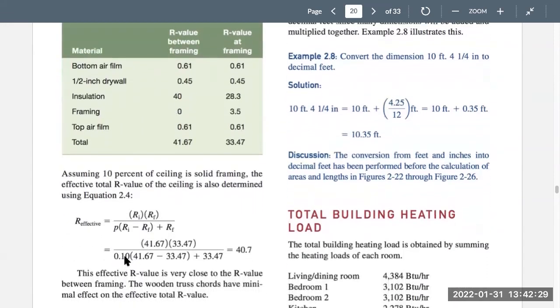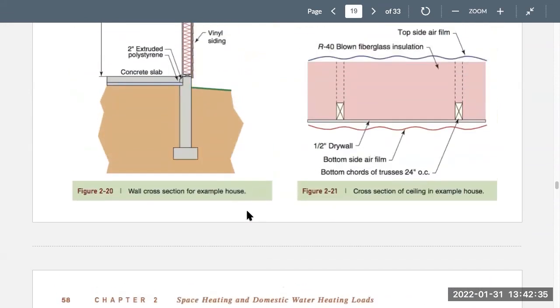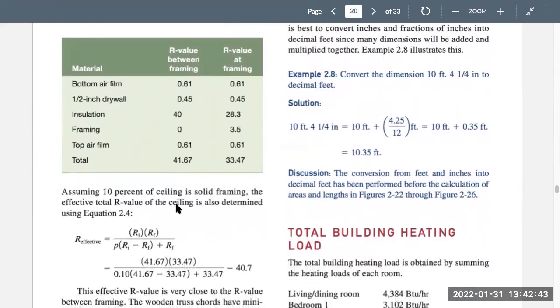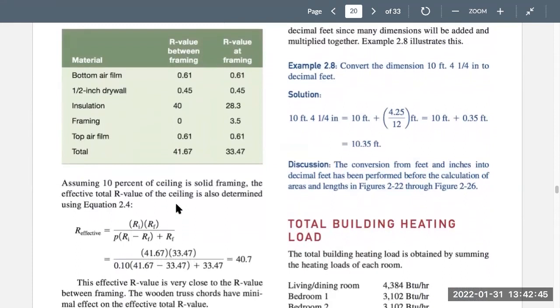And here you can see they use 10%. They use 10% solid framing because these are 24 on center right here and here. So that's how you have to calculate up all this stuff. And that's basically what we did in our thermal calculator.